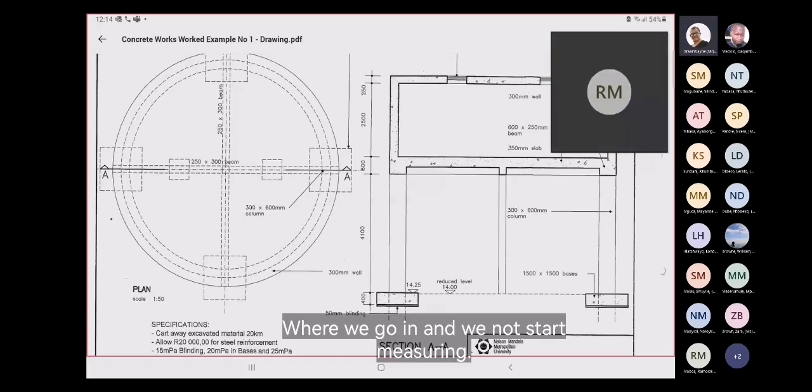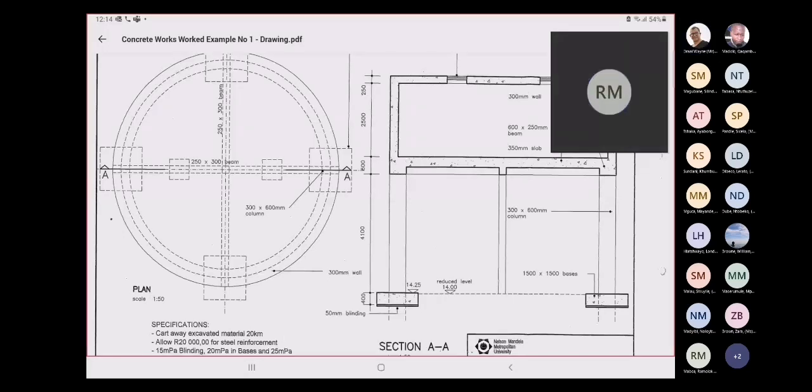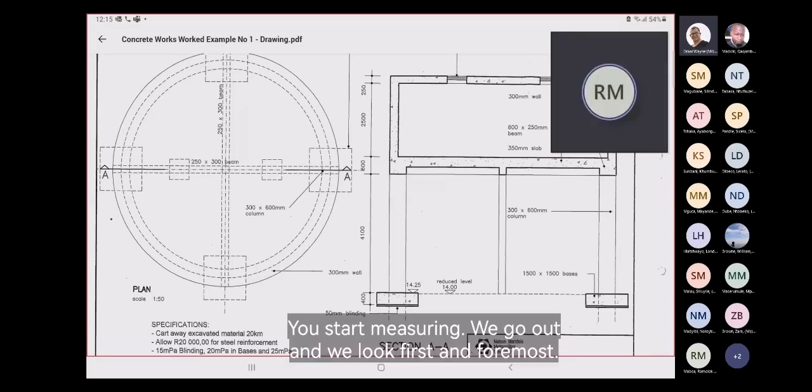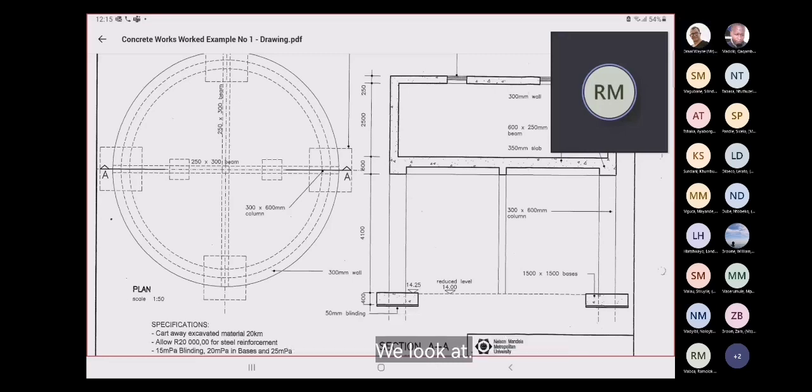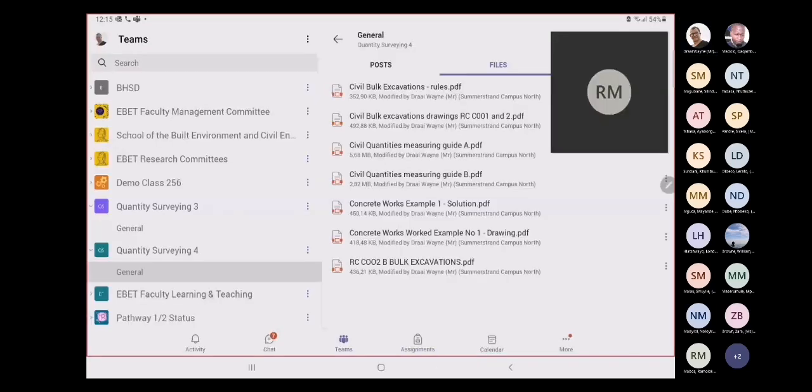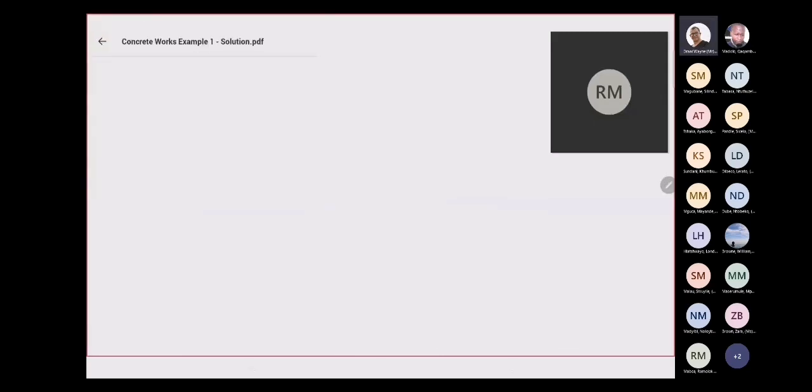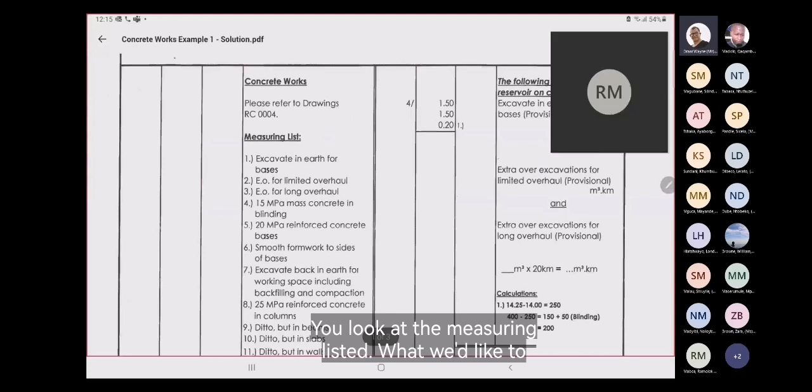When we go in and start measuring, first and foremost, we look at the measuring list and at what all we'd like to include here.